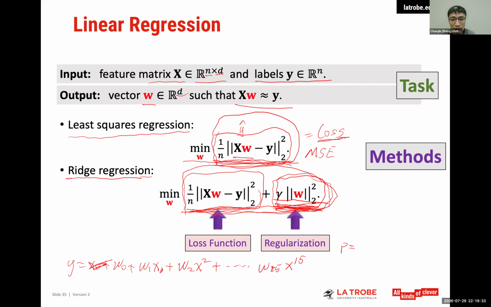In this case p should equal 15, right? So this is an unnecessarily complex model, and we want to reduce this complexity.